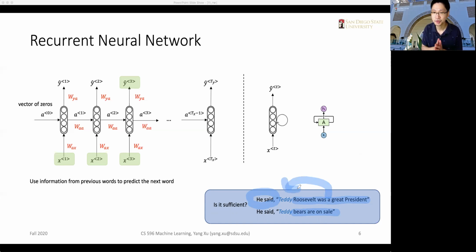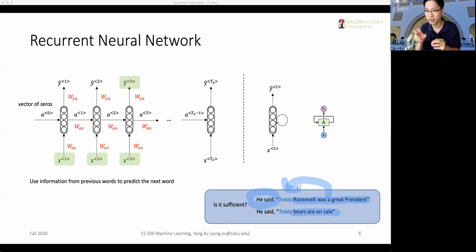So that said, the one-way recurrent neural network is not enough to fully extract the temporal information in the sentence, right? Because in natural language, the context information is not just what's before the next word, but also the words that come after.